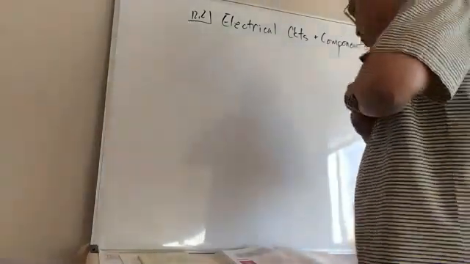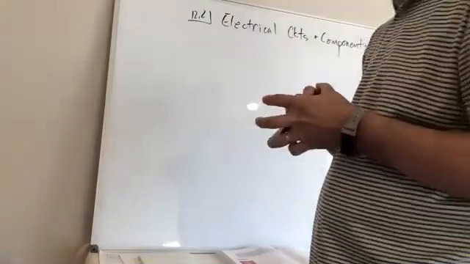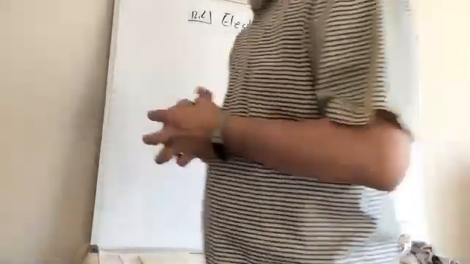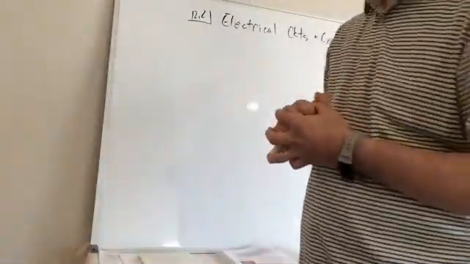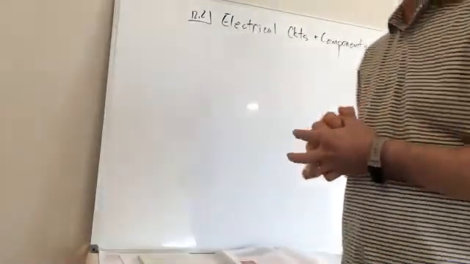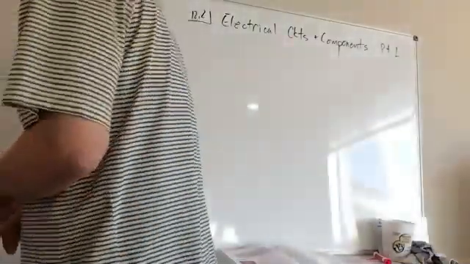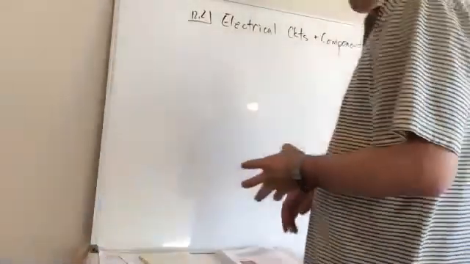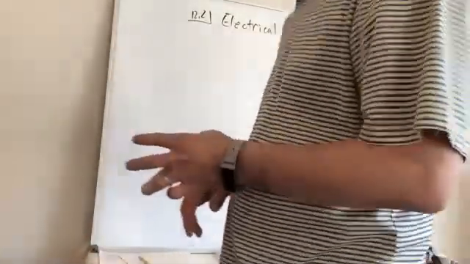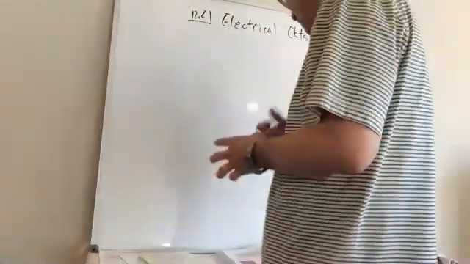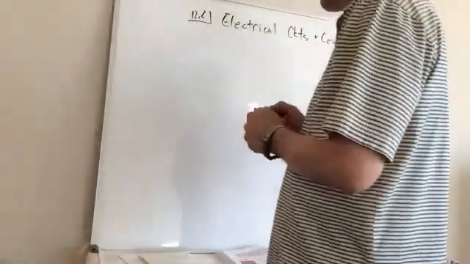Okay, so electrical circuits, we're talking electrical circuits. There are many, many components that go into an electrical circuit. Can anybody tell me a few components that they know of that go into an electrical circuit? Wires.